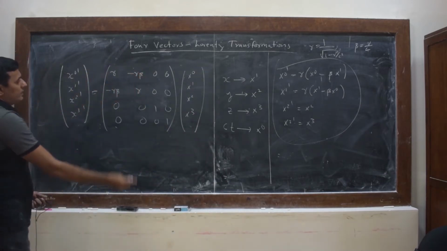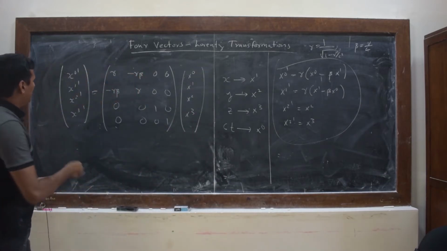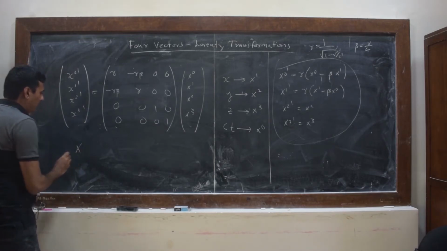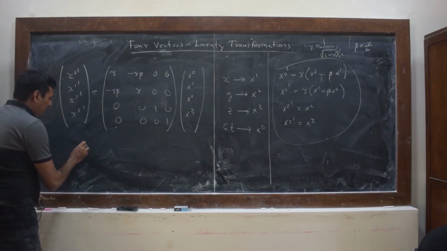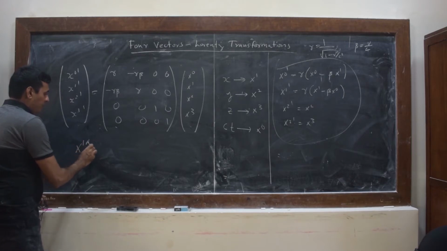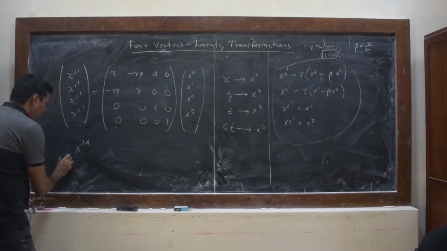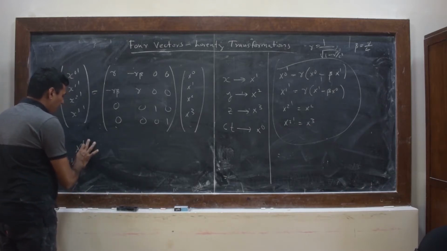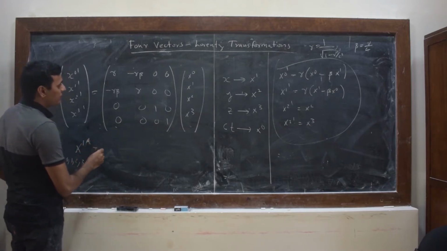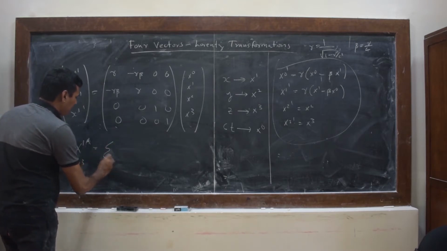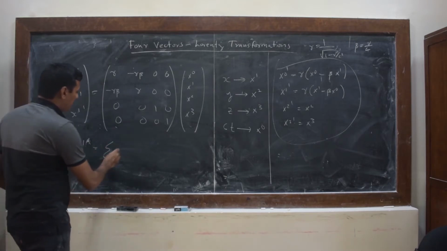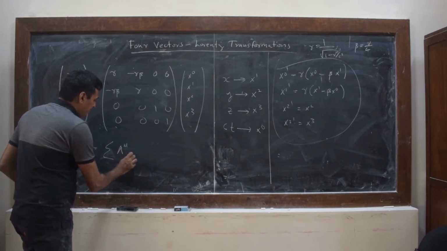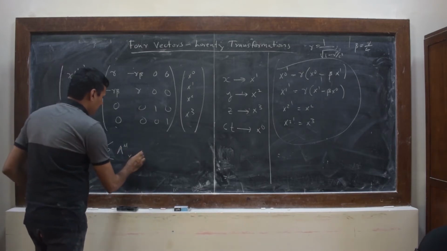I can write it like this, or in the compact notation, x prime mu, where mu takes values 0, 1, 2 and 3. x prime mu is equal to the summation over nu of lambda mu nu x nu.